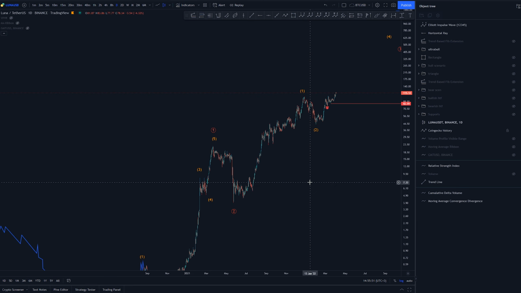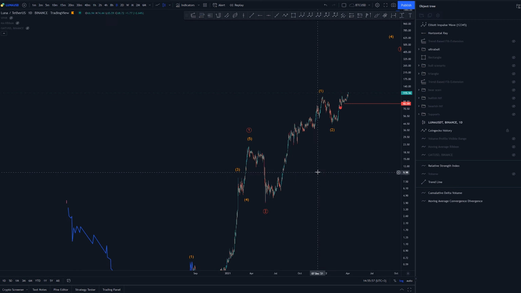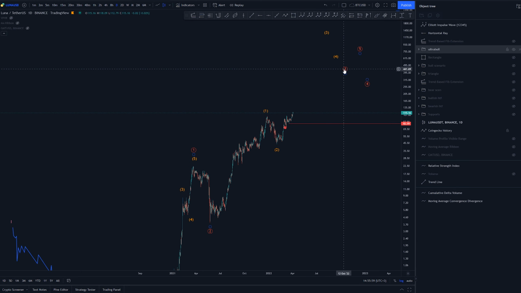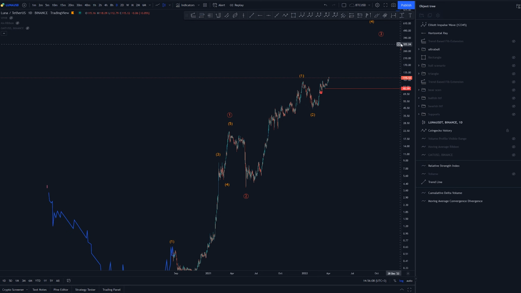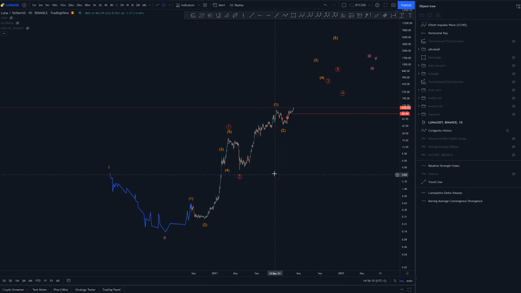Usually the 38.2 or 38% correction is around the normal correction for wave 4s. It is not invalidating the fact that this could be third and fourth, because it doesn't come even close to this wave 1 area. But this is just something to keep in mind.